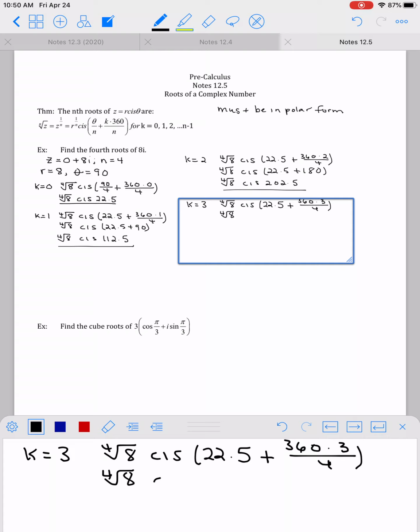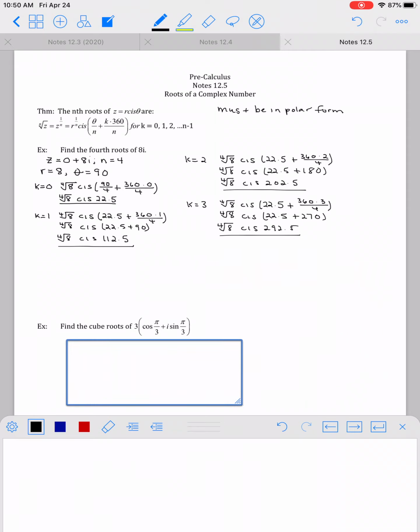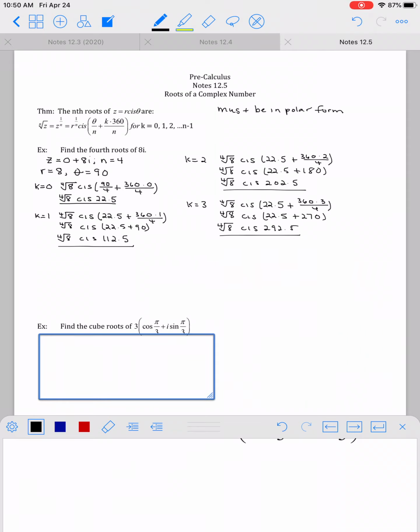So fourth root of 8, cis, 22.5 plus 270. So fourth root of 8 cis 292.5. And then there's the fourth one. Now, if we were to go back and add another, we would be adding 360, and that would put us back where we started. So that's why it always ends up at 1 less.